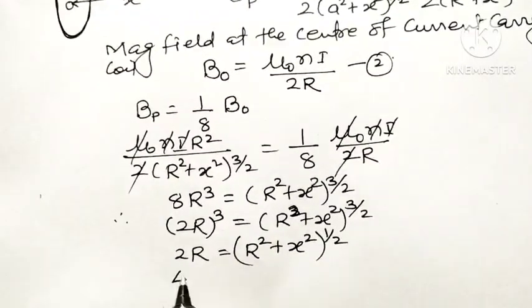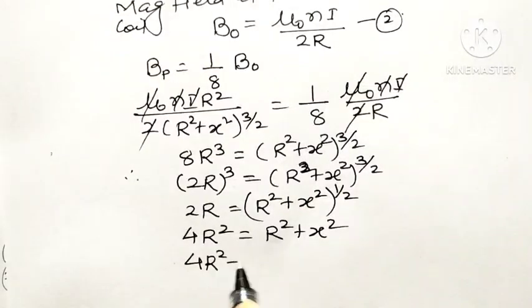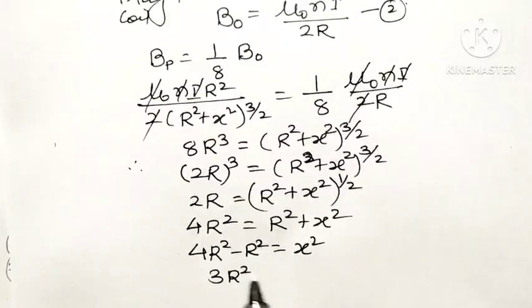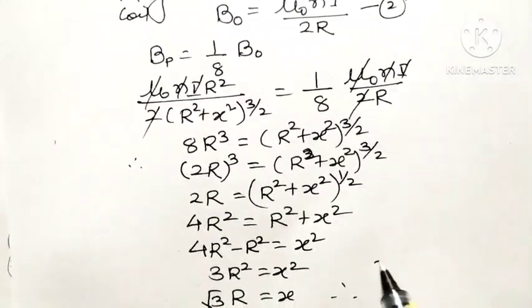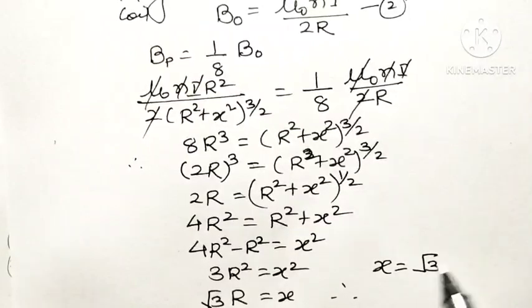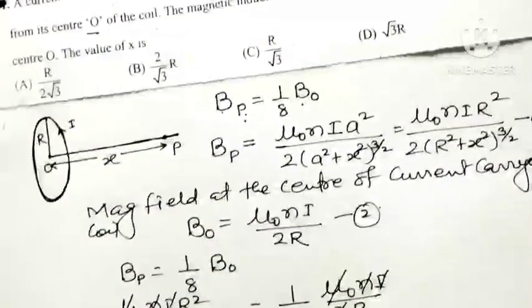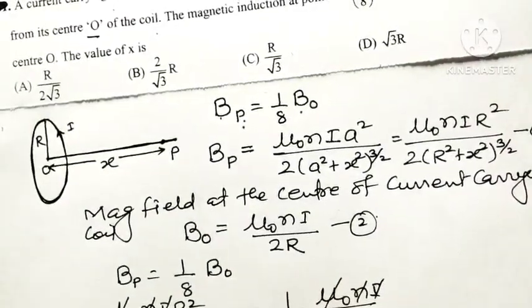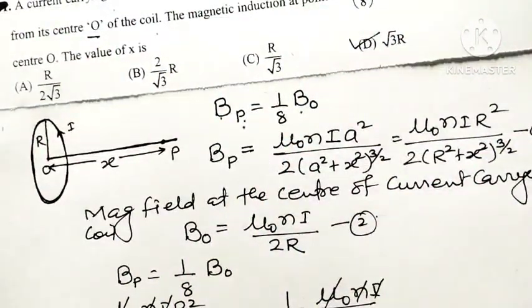Now take square on both sides, so it is 4r square is equal to r square plus x square, or 4r square minus r square is equal to x square, or 3r square is equal to x square, or root 3 into r is equal to x. So finally we have the value x is equal to root 3 times the radius of the coil. So out of the 4 options, which option is correct? Look at option D. It is root 3 times the radius of the coil. So D is the correct option for this question.